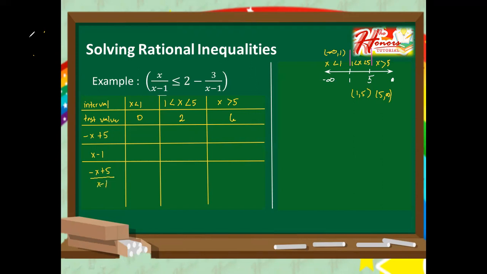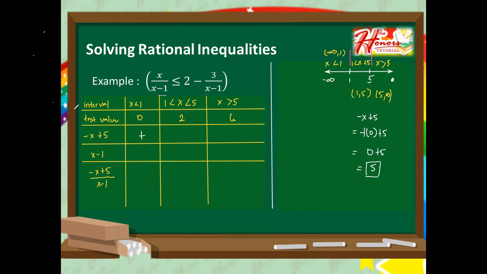Let's solve now. Let's have the test value of 0. So we have negative x plus 5. Substitute 0 to x, so that is 0 plus 5. So negative times 0 is 0, because we have 1 beside x. So that's negative 1 times 0, that's 0. Plus 5, so that is 5, a positive number.